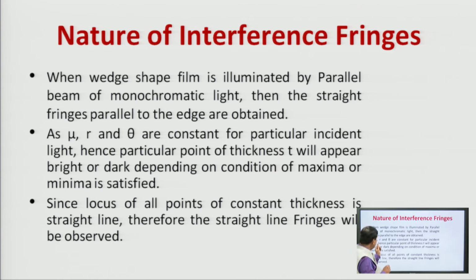Hence, for a particular point of thickness, the path difference will only depend upon the thickness t. The point corresponding to that t will appear either bright or dark depending upon the condition of maxima or minima.